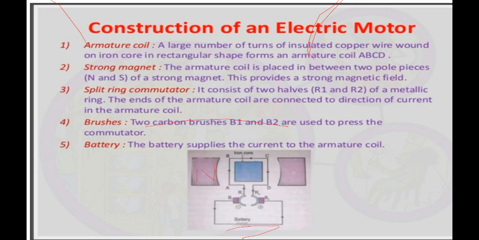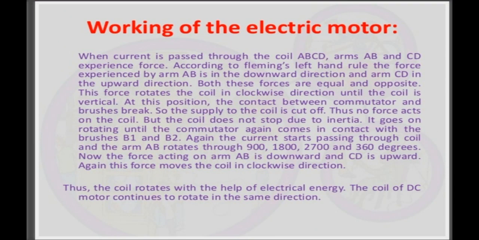Due to the rotational inertia, the armature coil continues to rotate, and then again it has connectivity with the supply, and the coil keeps rotating continuously. The RPM is decided by the rotation. RPM is nothing but rotations per minute, how many times it rotates. So you can decide how many times it has to rotate, and that gives the RPM of the motor.